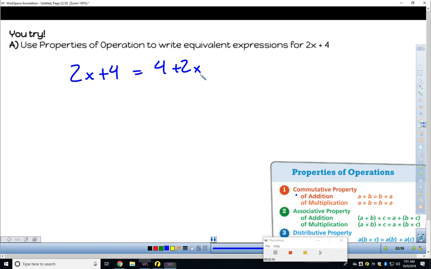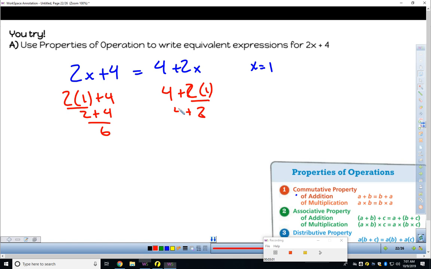And I could check that by saying, well, what if x equals 1? 2 times 1 plus 4, and 4 plus 2 times 1. We'll see if these are equal. So 2 times 1 is 2, plus 4 is 6. 2 times 1 is 2, plus 4 is 6. Those are still equal.